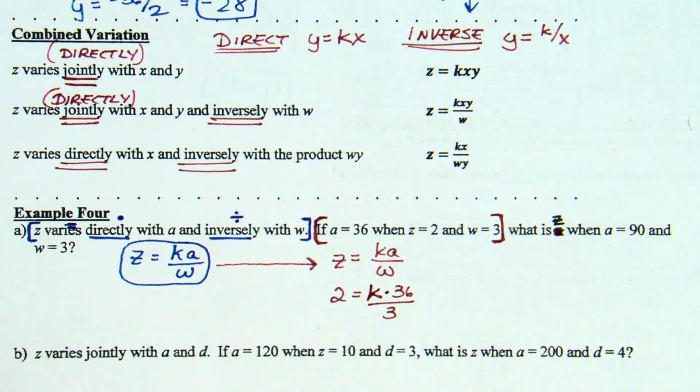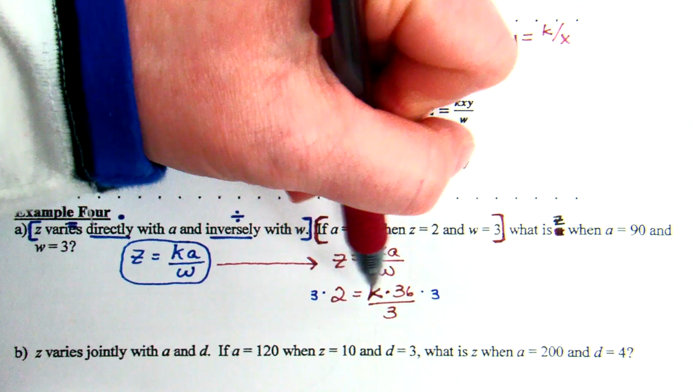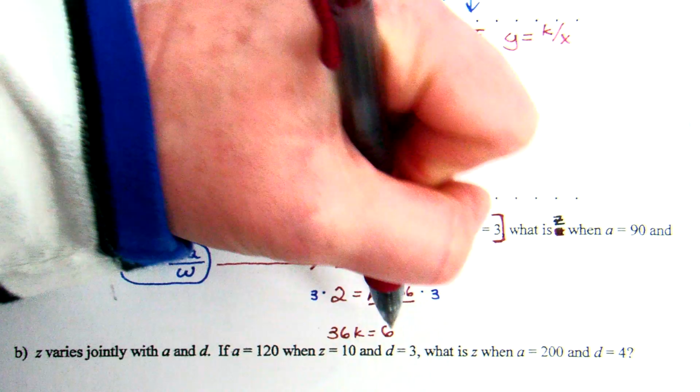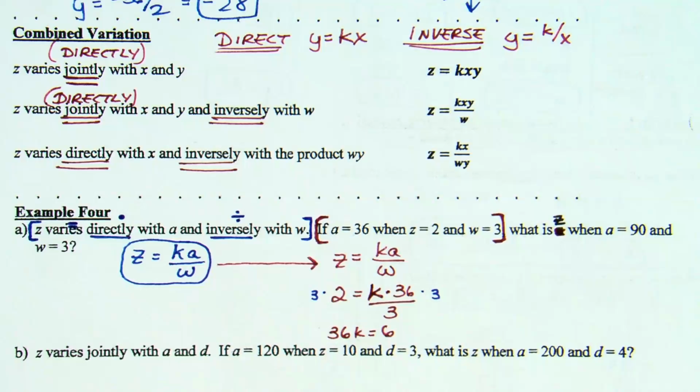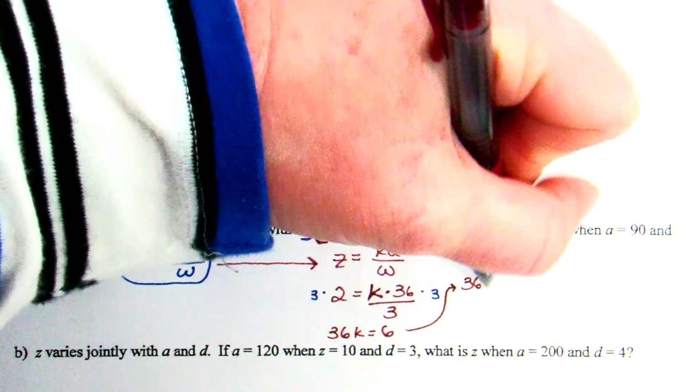So if we do that, I'm going to have 36 times K equals 2 times 3, which is 6. If 36K equals 6, what do I do? Divide by 36, right?